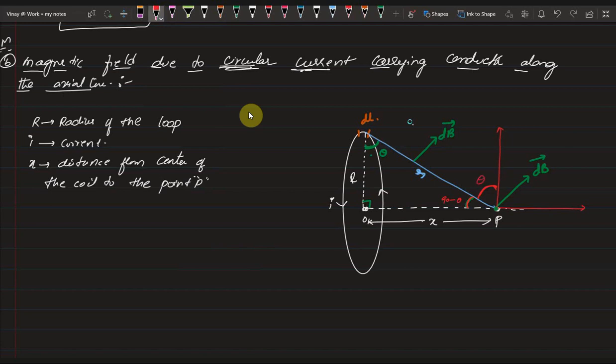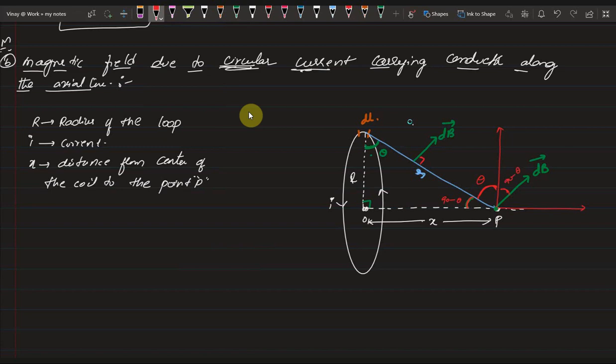Now, please try to understand. This line is r bar, this is dB bar. r bar and dB bar are perpendicular to each other, as I just wrote here. Then can you tell me what is this angle? 90 minus theta, because these two are perpendicular.